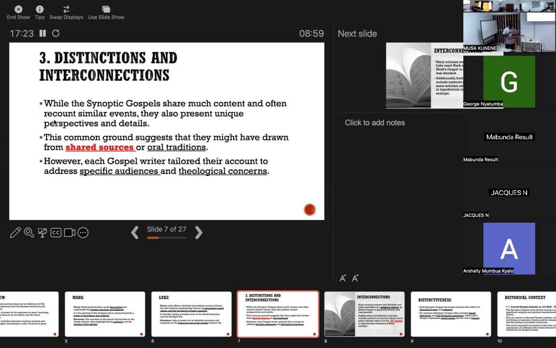Now, the common ground that you find among the three, the interconnections that are there, might be a suggestion that the three Gospels had some shared sources, or probably shared oral traditions.